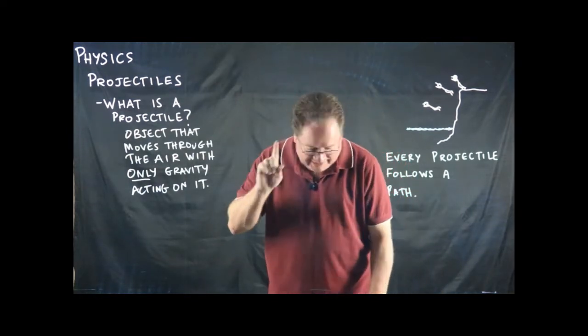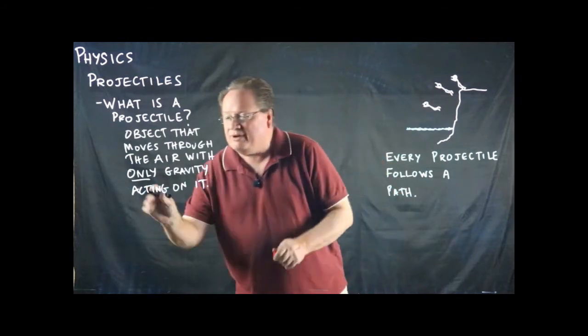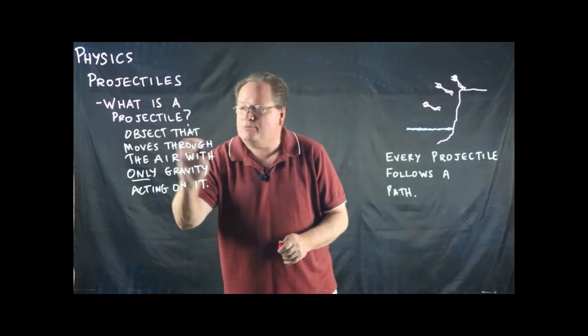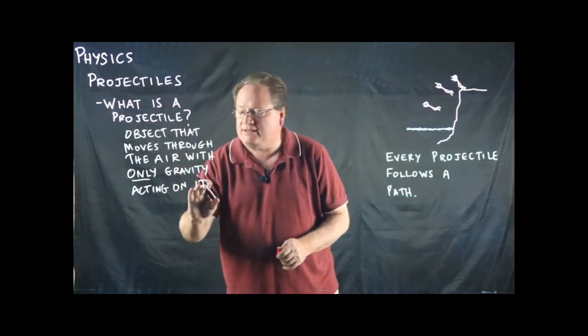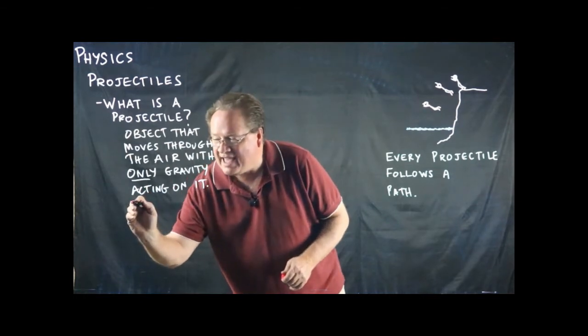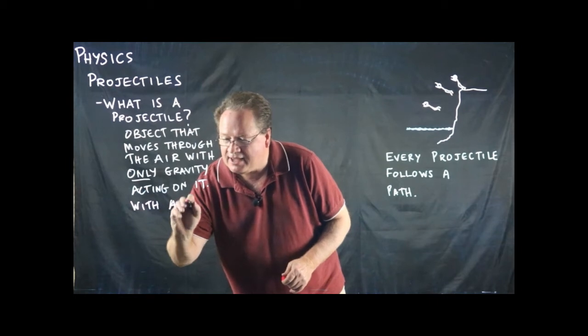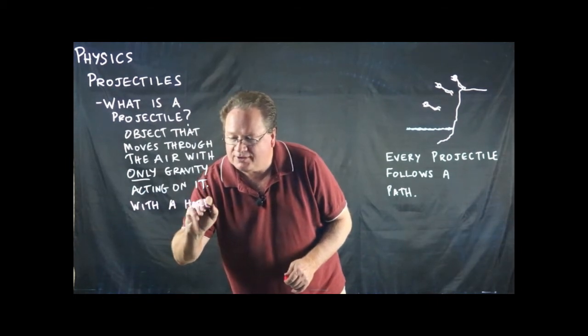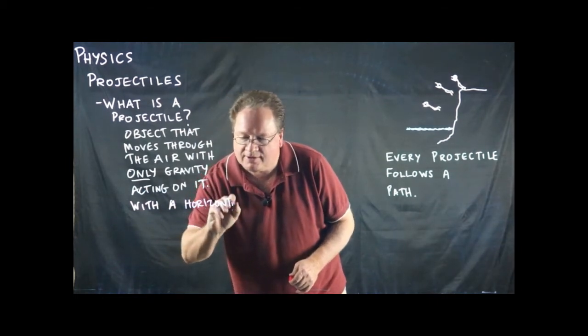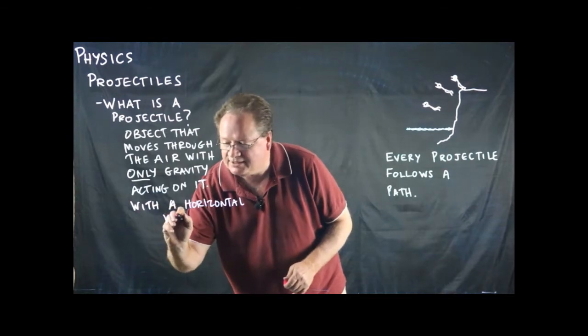There is one difference. What we would add to this is it's an object that moves through the air with only gravity acting on it, but with a horizontal velocity.